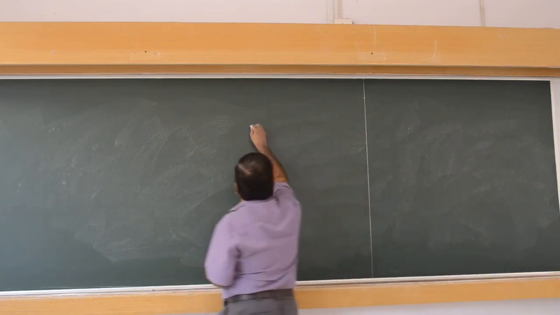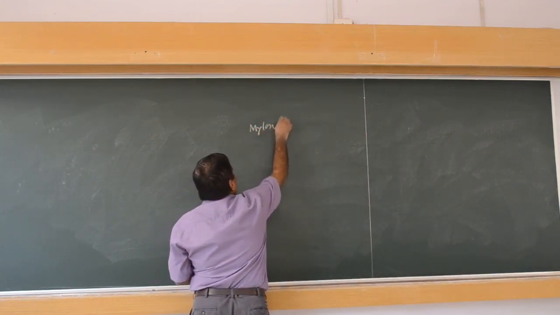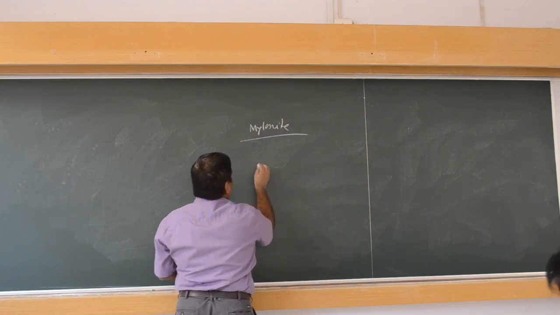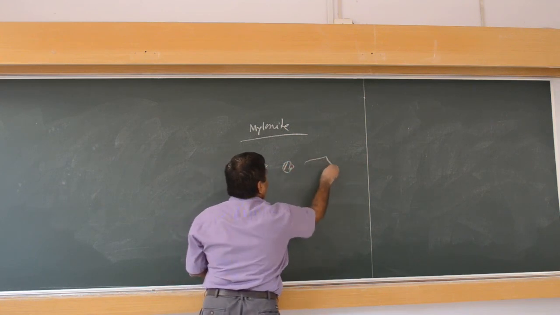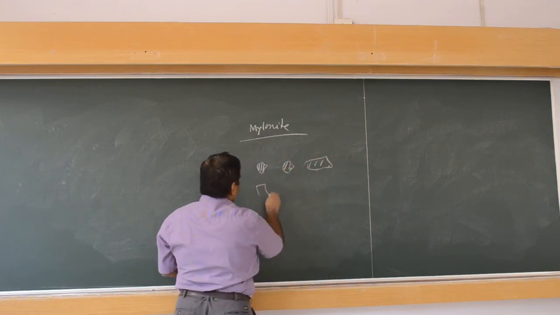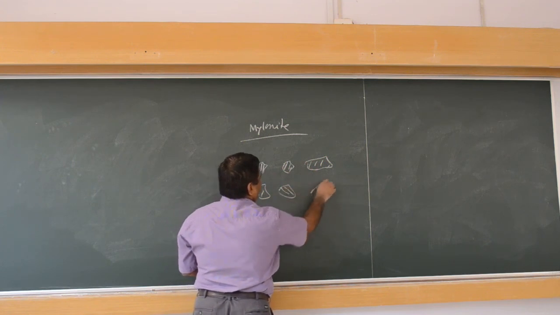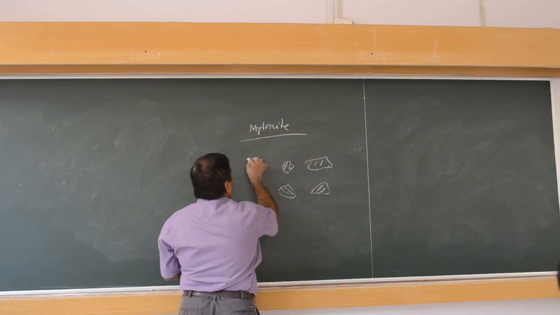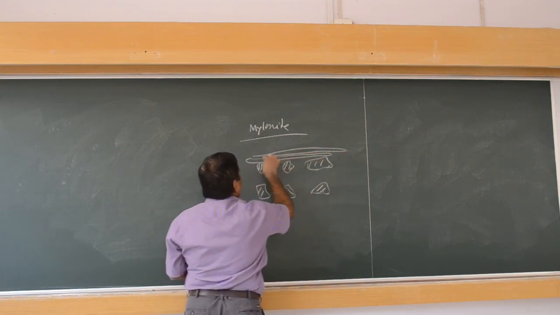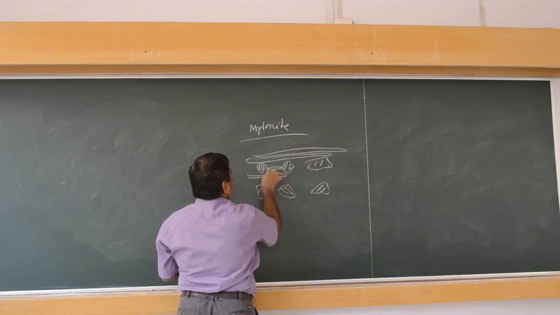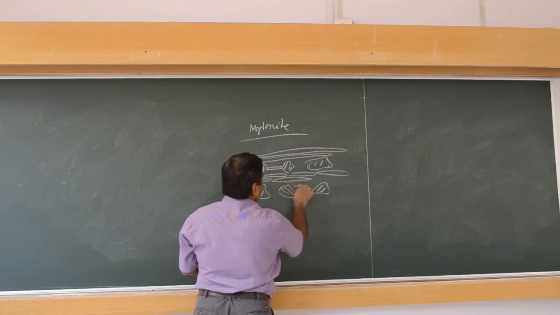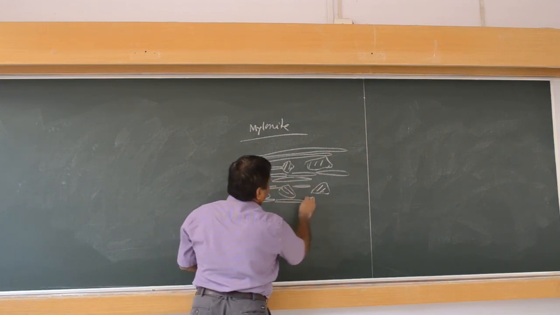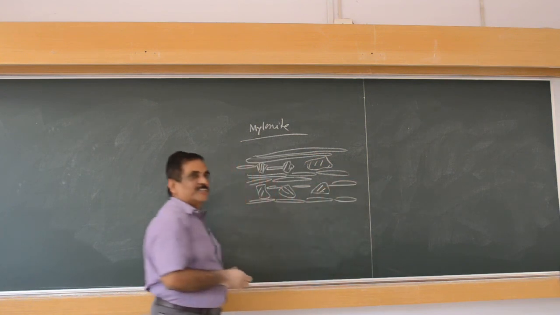So a typical mylonite will look like this. You will have feldspars like this. These are quartz. Understood now?